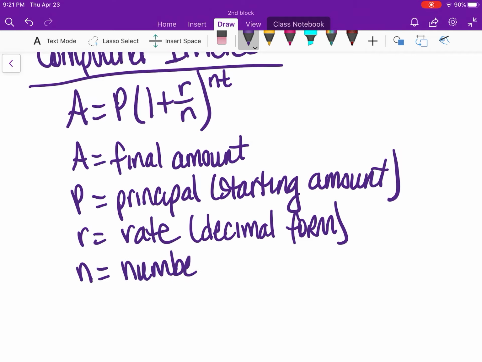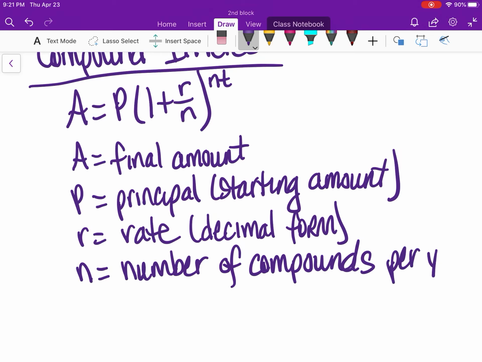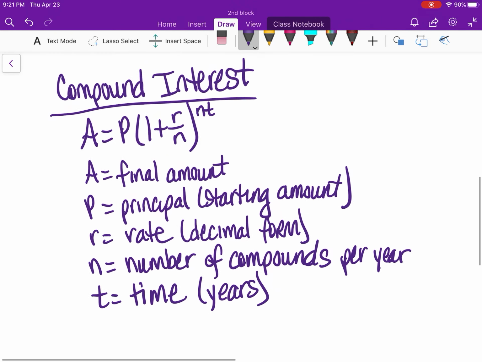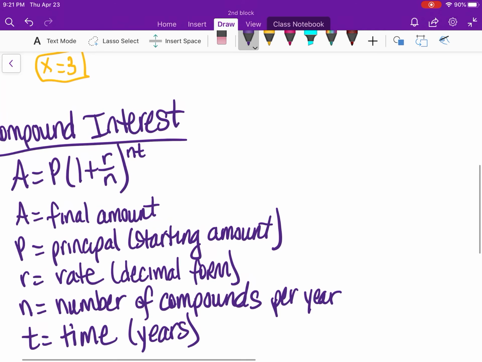N is the number of compounds per year. And then T is your time, and usually your time is in years since your compound is in years. So that's our formula for compound interest.